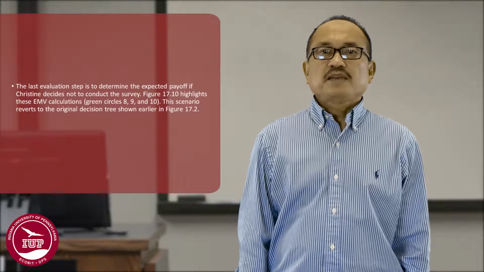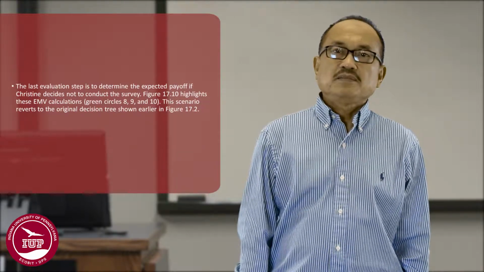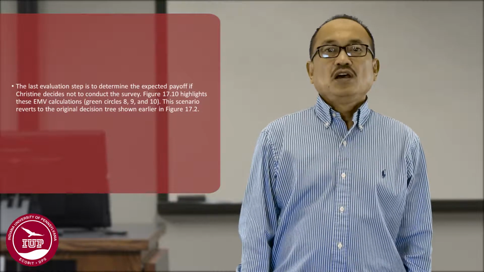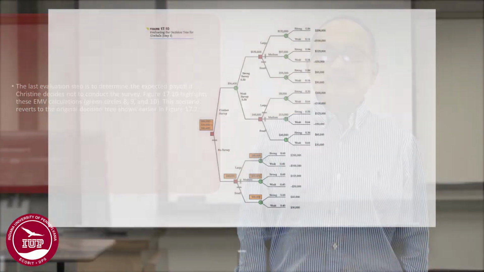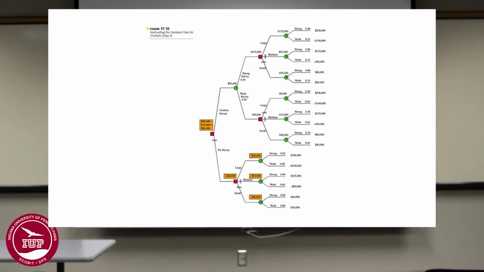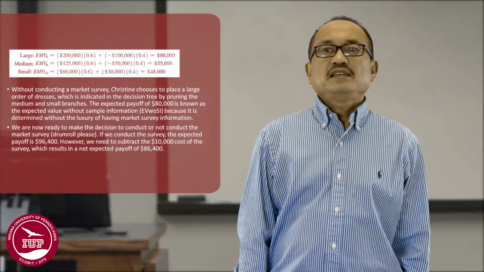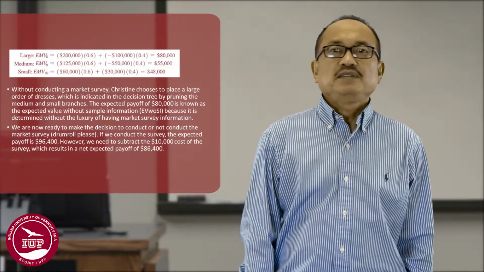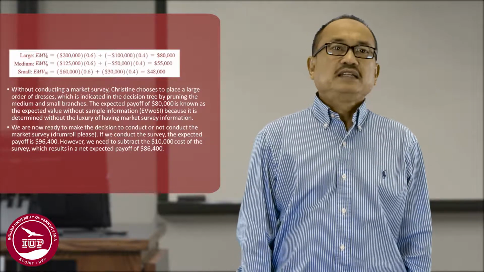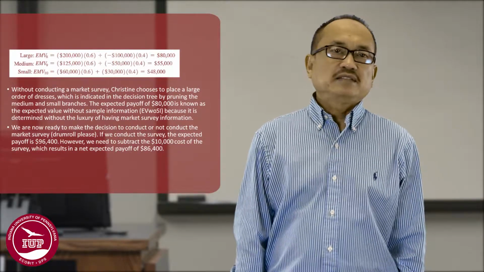The last evaluation step is to determine the expected payoff if Christine decides not to conduct the survey. Figure 17.10 highlights this EMV calculation. Green circle 8, 9, and 10. This scenario refers to the original decision tree shown earlier in figure 17.2. Large equal to $80,000, medium equal to $55,000, small equal to $48,000.